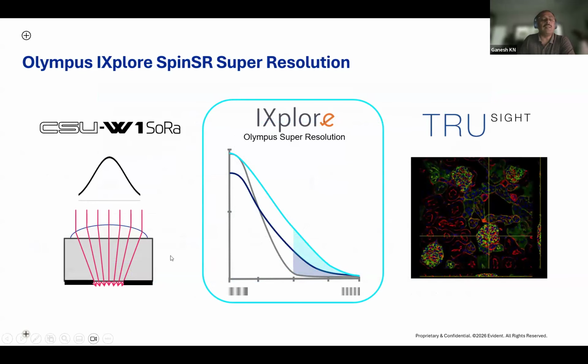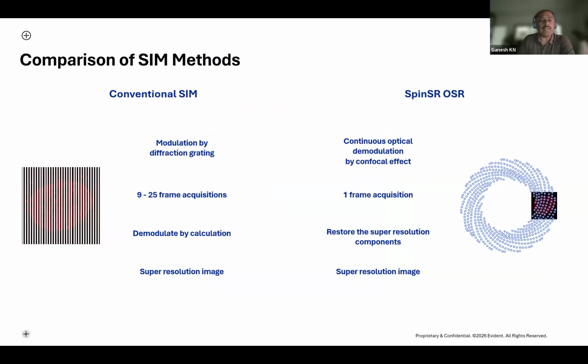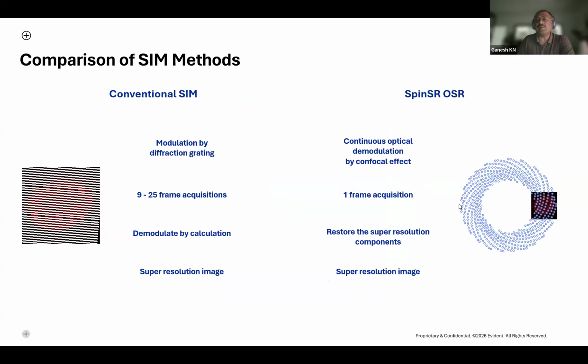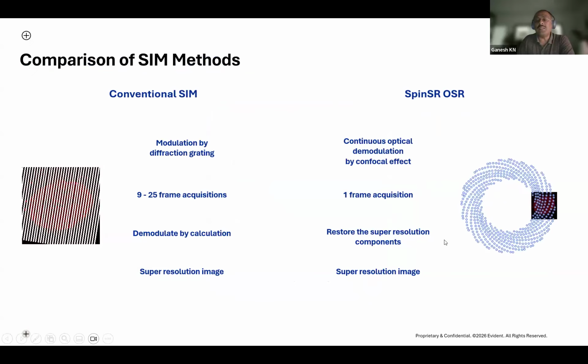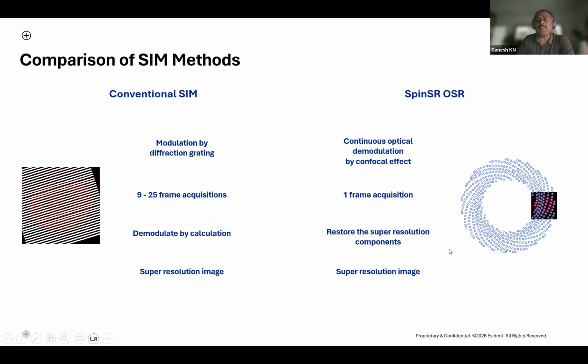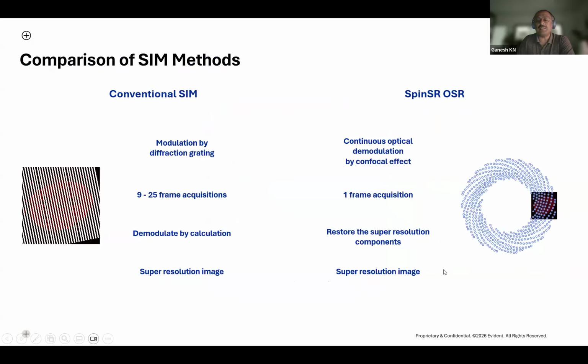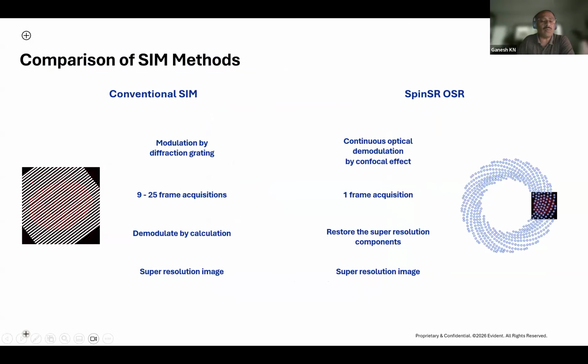But we didn't stop here because our challenge was to reach what a SIM can achieve, that is 100 to 120 nanometer. So what Olympus did is, we tried to capitalize on the spinning disk confocal microscope and used technology similar to structured illumination to collect the information. In this case, what happened?